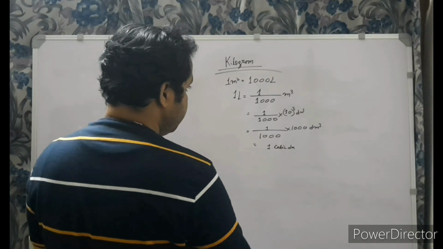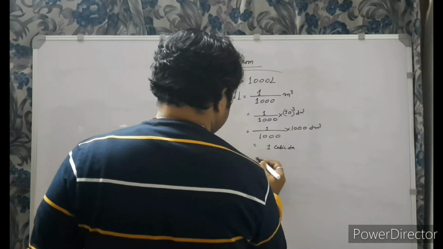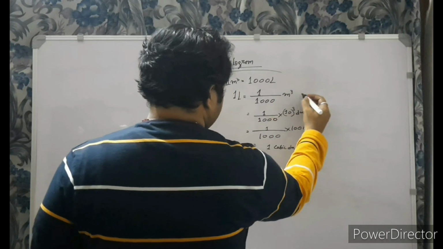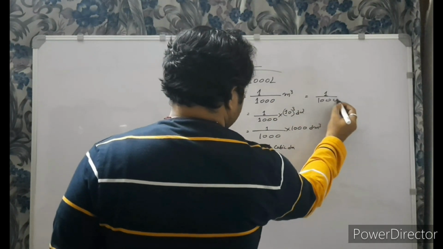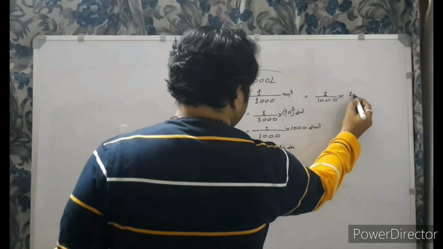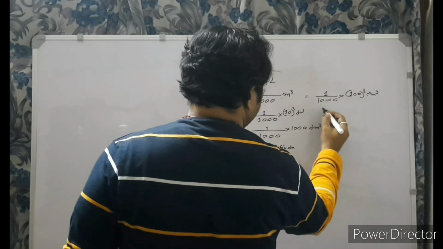Or, if you want to define liter in terms of centimeter, what would it be? Convert meter to centimeter: 1 by 1000 into 100 cube centimeter cube.